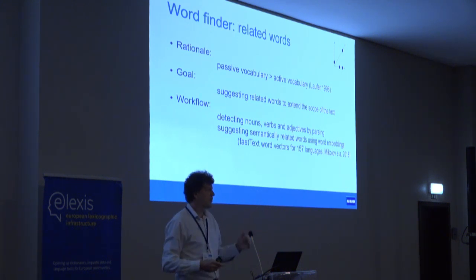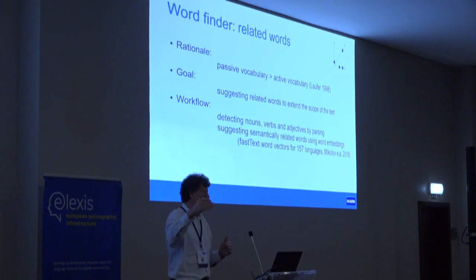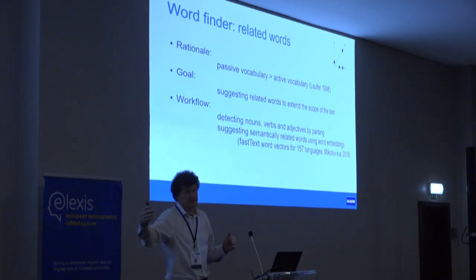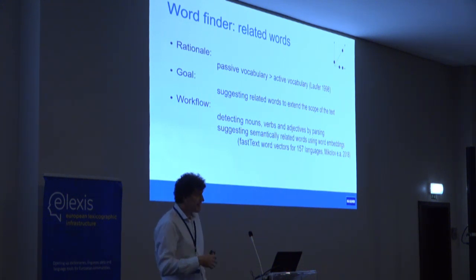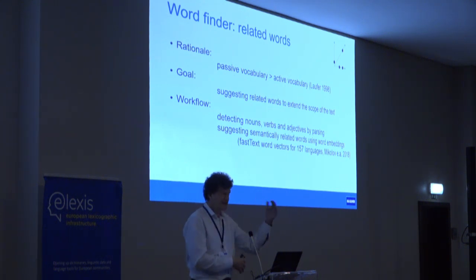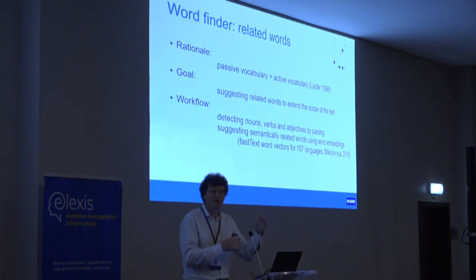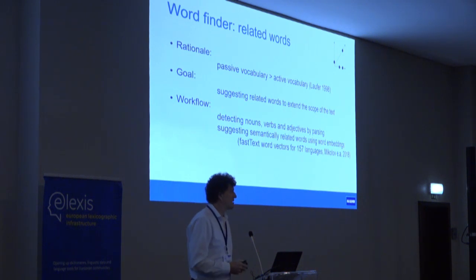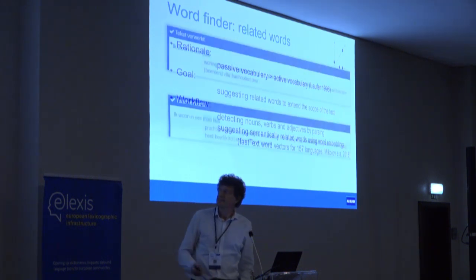So for each word form, you have one value for 300 different dimensions. And you can then calculate the semantic relatedness between all kinds of words within these 2 million. I didn't do it because the computer was not powerful enough, but I limited myself to something like 10,000 words, and this is the result.